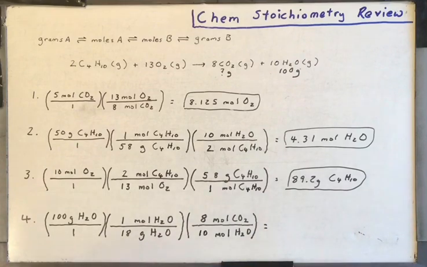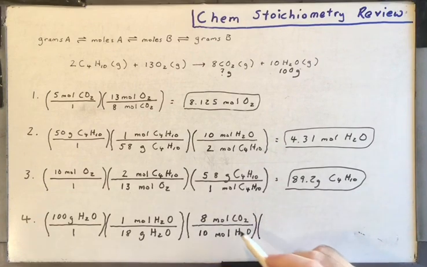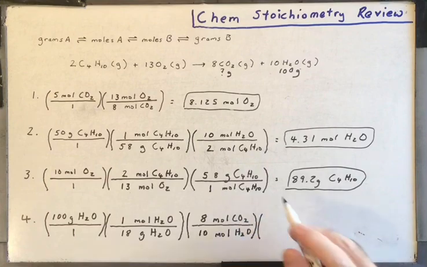All right, so in your calculator, you'll do 100, divide that number by 18, multiply by 8. Then, actually, I'm so sorry, I got to do one more step. All right, we're at moles of CO2. We've got to go to grams of CO2.